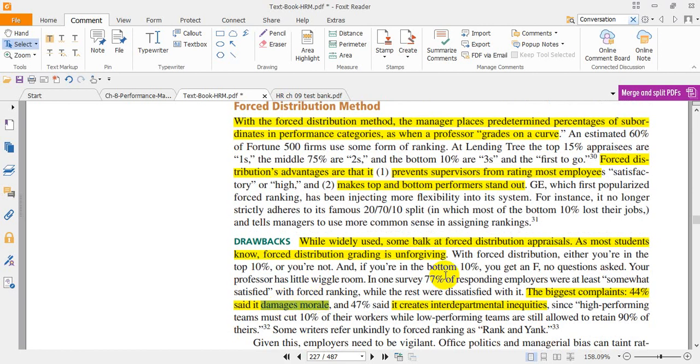In one survey, they found that the biggest complaint, 44%, said that a disadvantage of this method is that it damages morale, and 47% said it creates interdepartmental inequities.